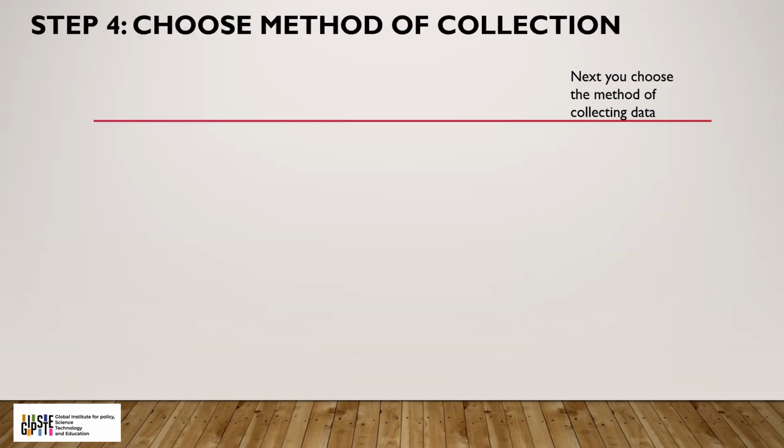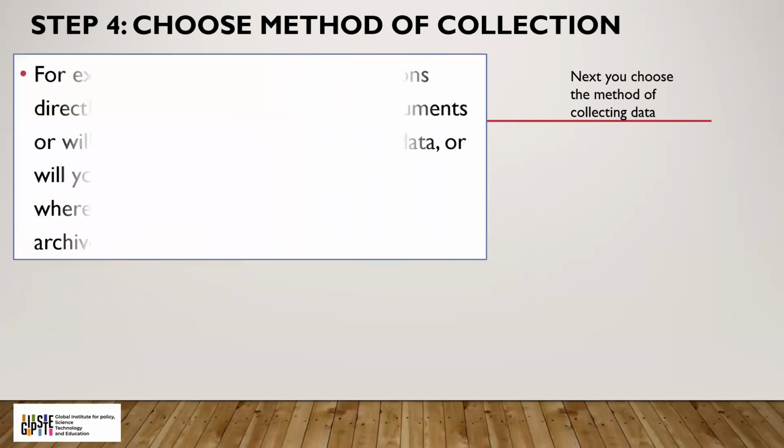Step 4, choose a method of data collection. Next, you need to choose the method of collecting your data. Very crucial when you want to come out with an excellent research design.